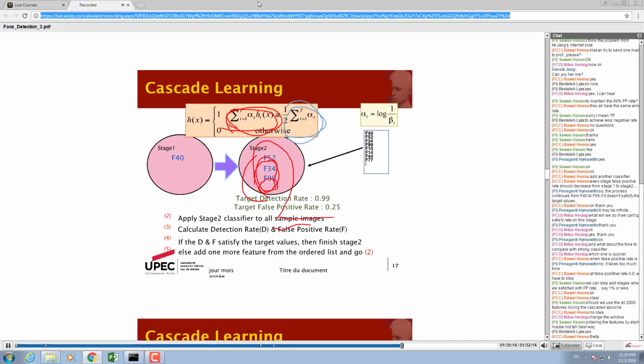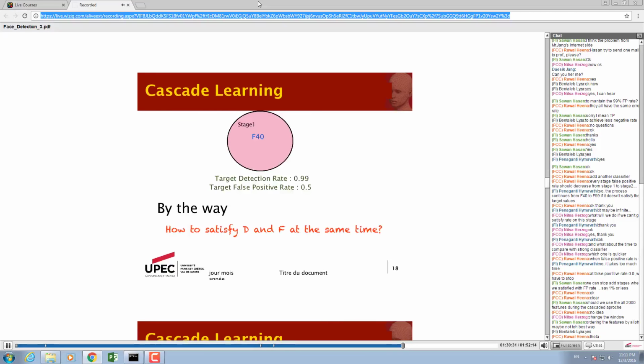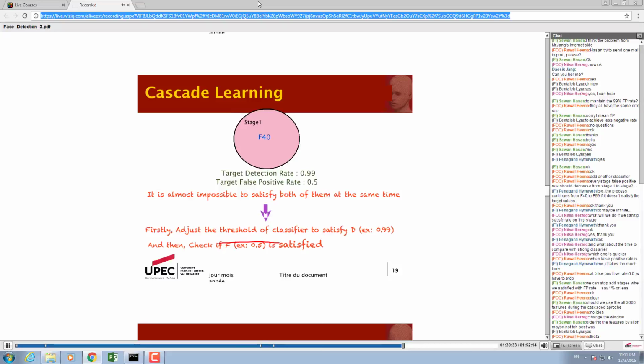That was the default threshold. But in this case, we are modifying the concept of threshold. It can be adjusted. So in every stage, when we are trying to satisfy D and F numbers, we are adjusting this threshold to satisfy number D first.